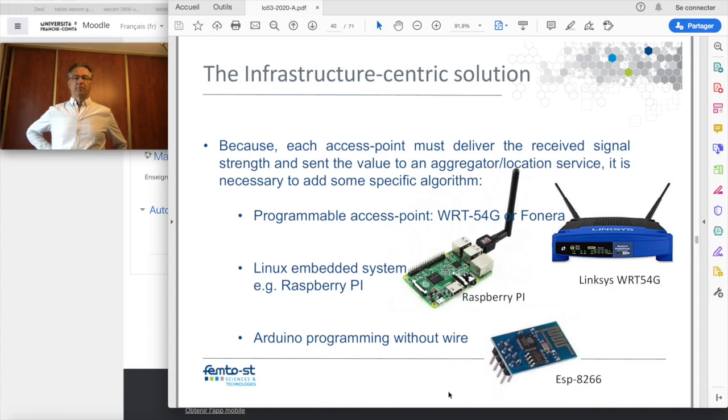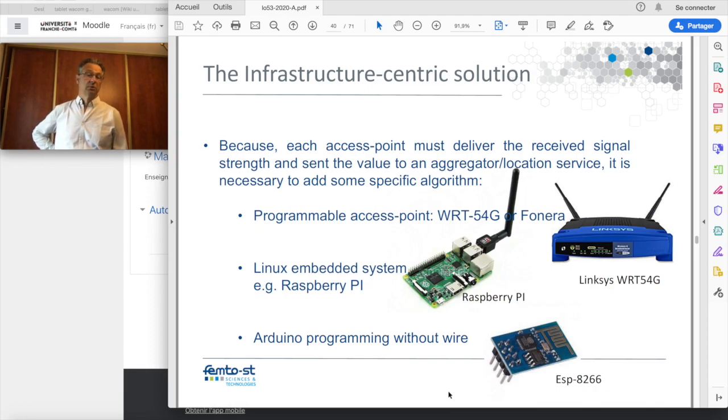So what type of access point can we use for this infrastructure-centric solution? The first one, with an embedded Linux, was the Linksys WRT54G, which is the first one with an embedded Linux. And then there was also the Fonera Wi-Fi access point.